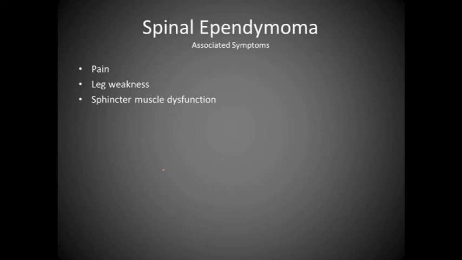Pain is going to be associated with this, as well as leg weakness, and interestingly enough, sphincter muscle dysfunction, which is typically a symptom of severe problems with the spinal cord. Bowel incontinence, that's something that is to be expected regarding this. The best option here is the MRI. CT just doesn't quite do this justice.